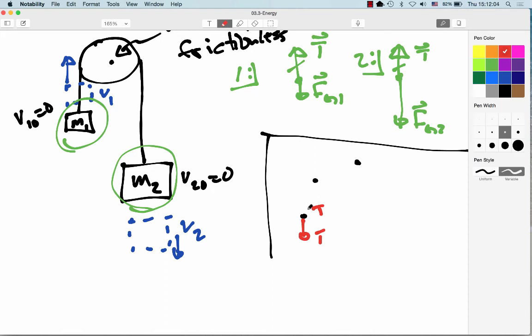Okay, so this guy will be exerting a tension force here. Tension, tension, tension, tension, like so as we go around. Now, call this T1, T2. Now these two are an action-reaction pair. Similarly, T3, T3, those are an action-reaction pair. T4, and so forth.